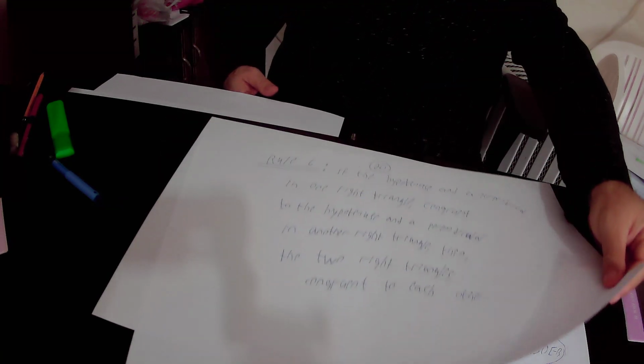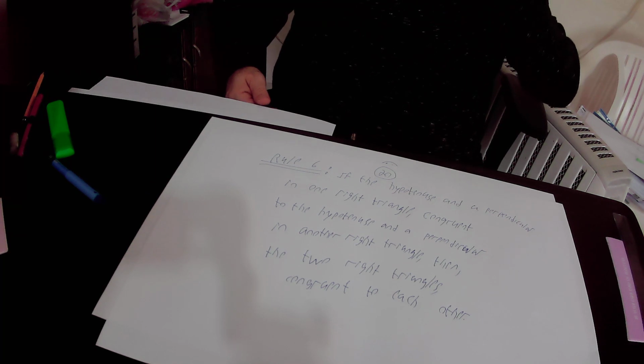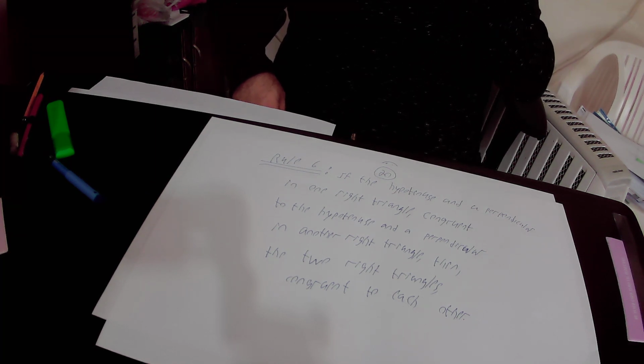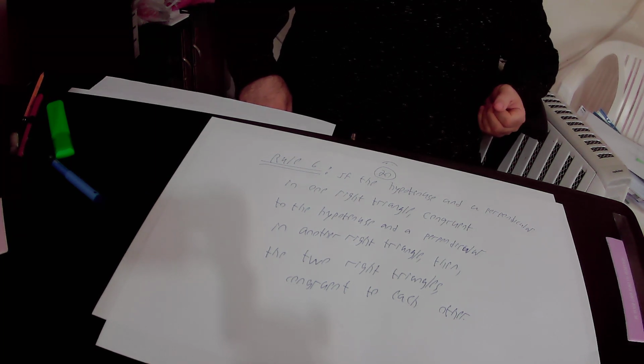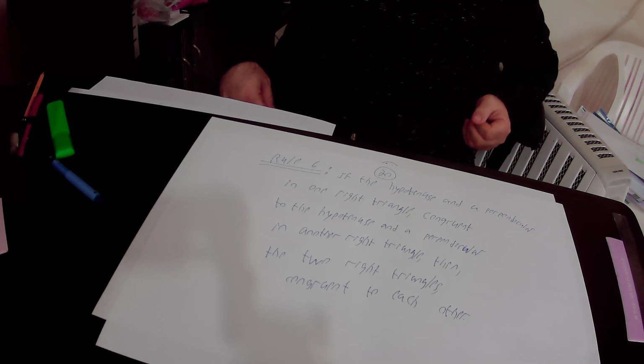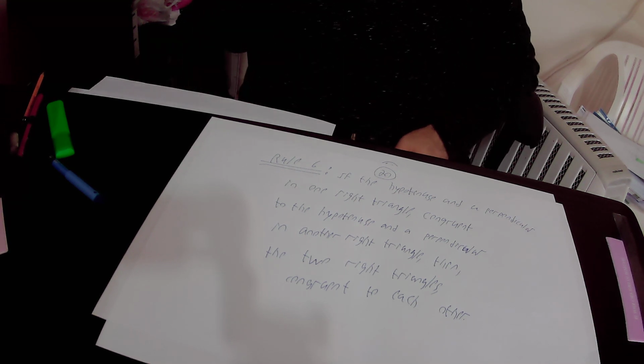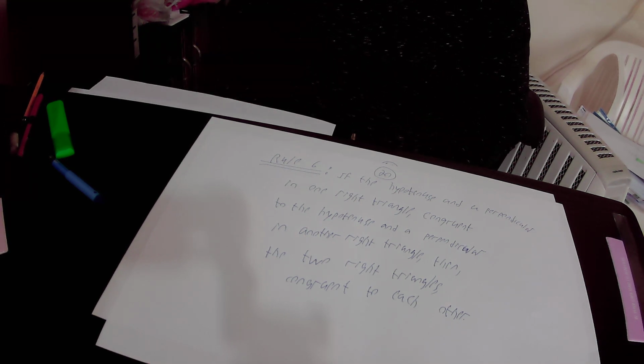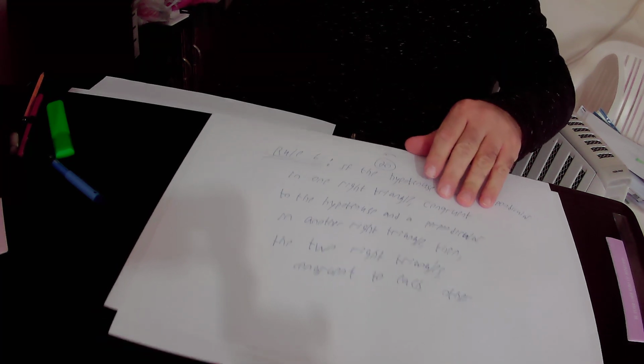And what is rule number 6? Rule number 6 states that if the hypotenuse and a perpendicular in one right triangle are congruent to the hypotenuse and the perpendicular in another right triangle, then the two right triangles can go into each other.